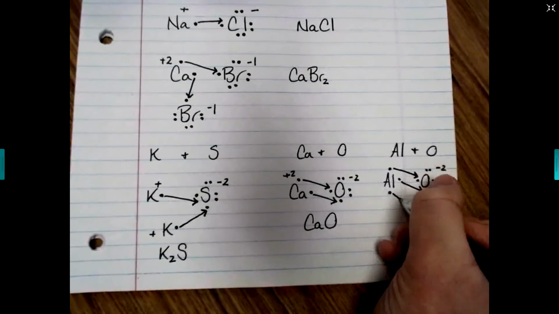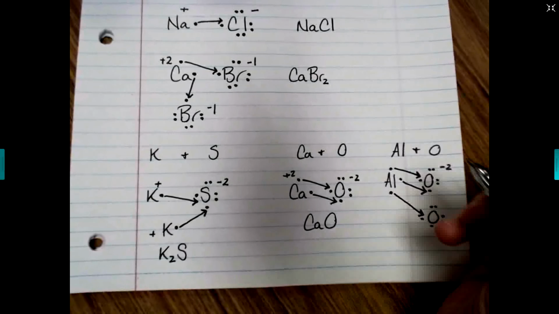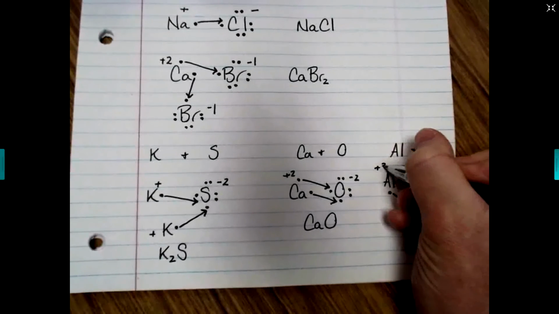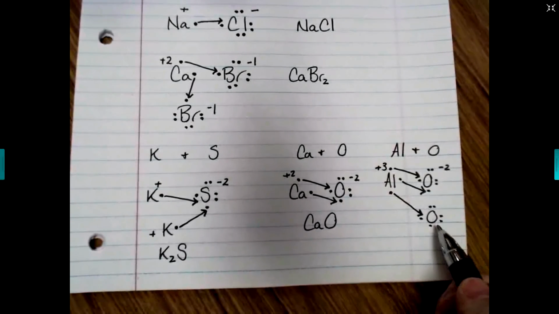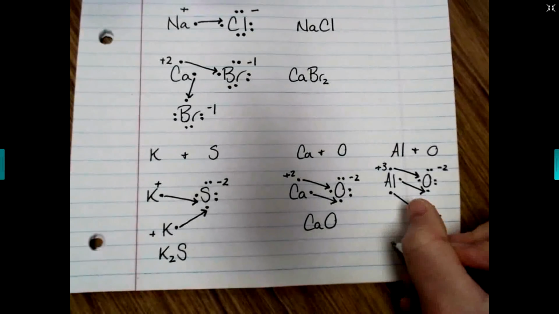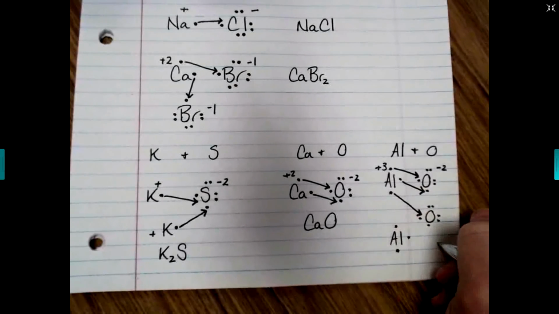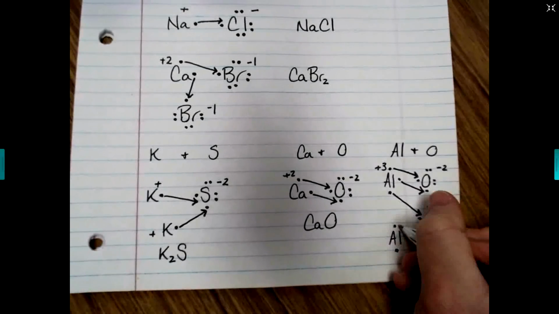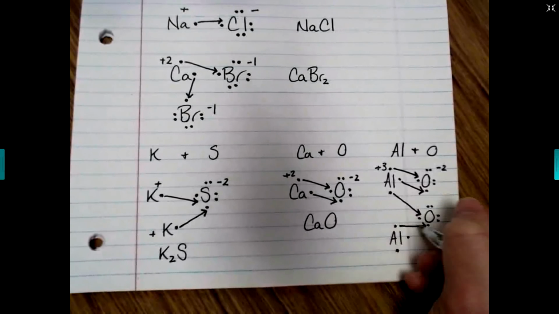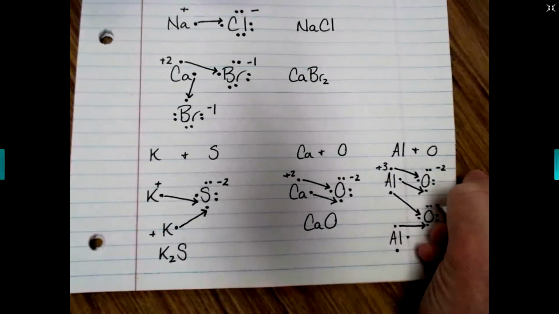So now aluminum can lose 1 of its electrons to oxygen, and now aluminum is stable, but oxygen is still not stable. It needs to gain 1 more. So we're going to draw aluminum again. And now aluminum is going to lose 1 of its electrons to oxygen.